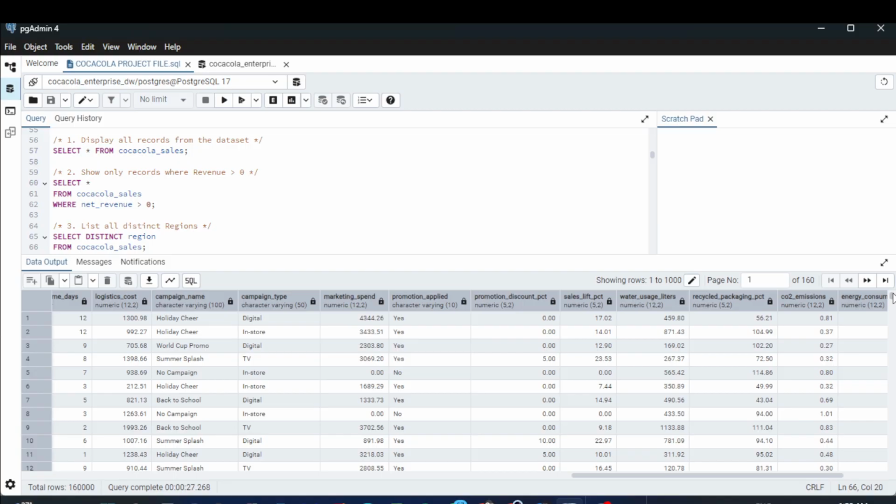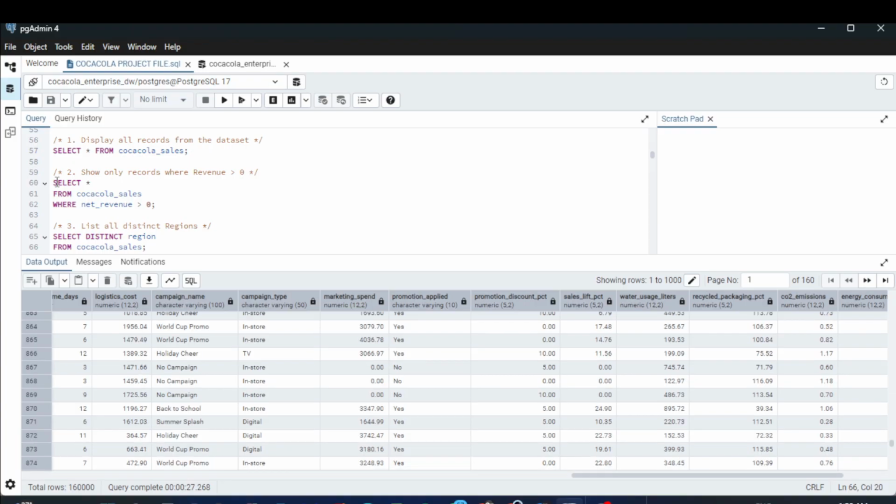The second question says that we should show only records where revenue is greater than 0. If you want to show that, you select from Coca-Cola where net revenue is greater than 0. Make sure you select everything before you run your query to see your answer clearly.